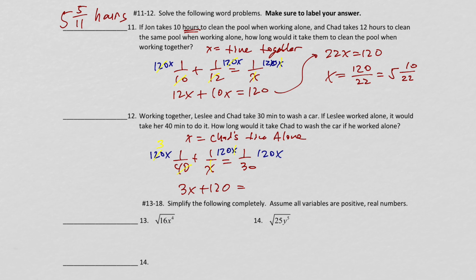And 30 goes into 120 4 times, so we get 4x. So when we bring this over here by subtracting, we get x is equal to 120, or 120 equals x. And this is in minutes, so it's 120 minutes. And if you converted that to 2 hours, that'd be fine.